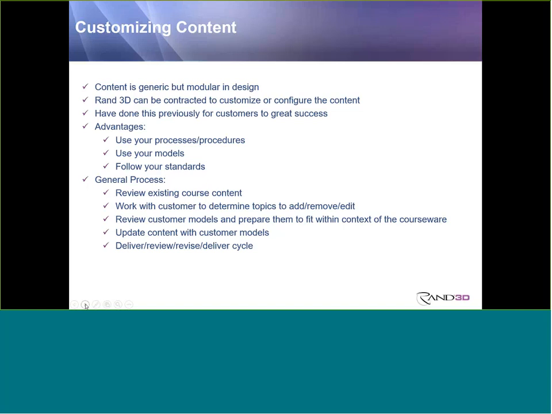We then update the content using those models and get into a review cycle where we deliver the content, have it reviewed, make our revisions, and then deliver the final. And as I said, we've done that for multiple customers. Seems to be very successful.